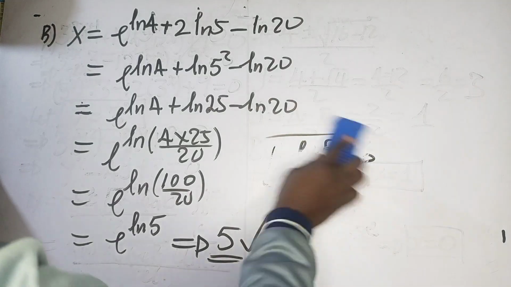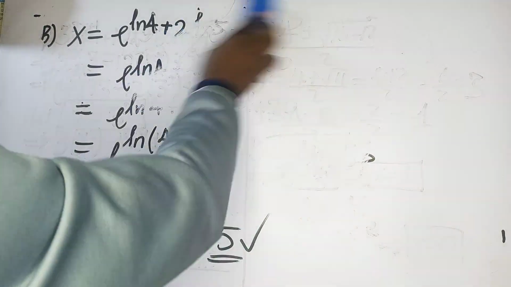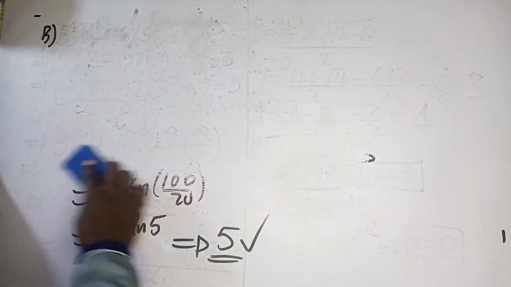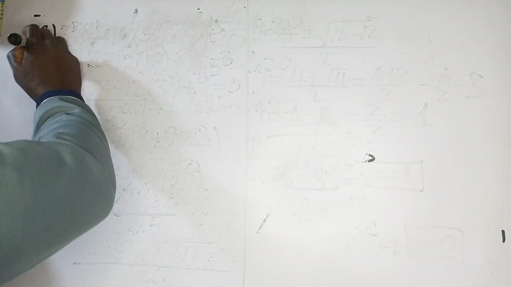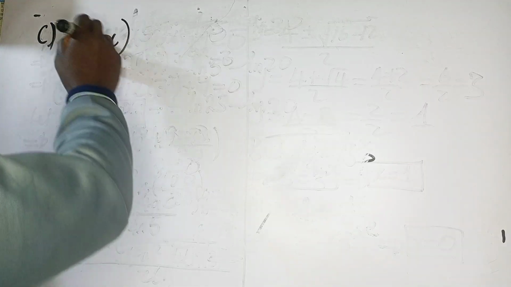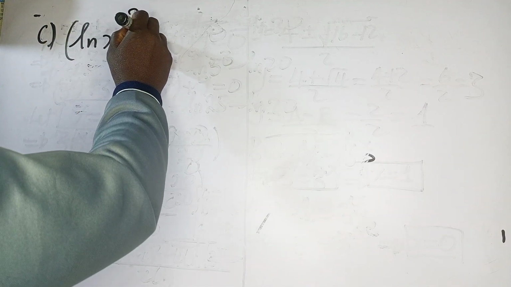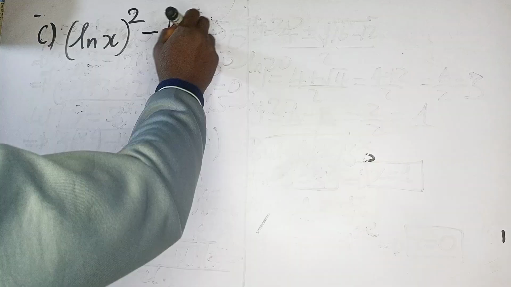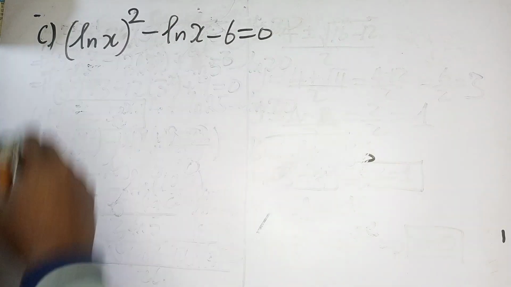Now the third and last equation. We're asked to solve the equation ln x, all of that squared, minus ln x minus 6 is equal to 0.